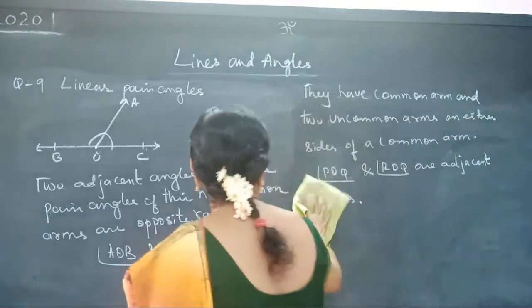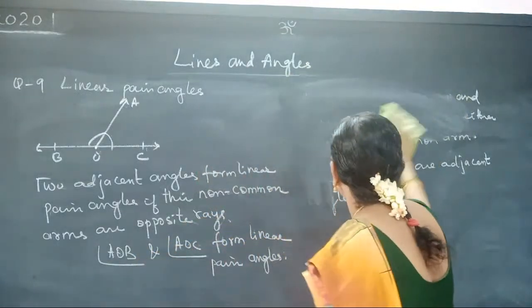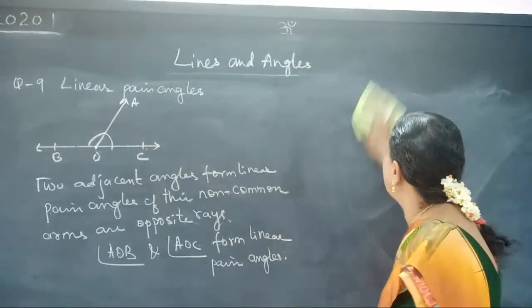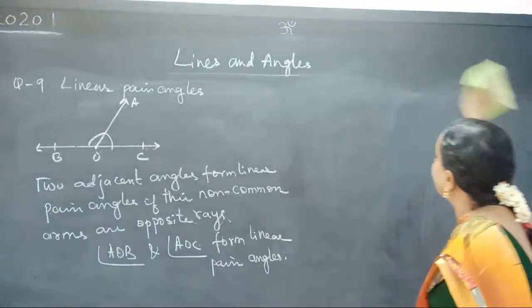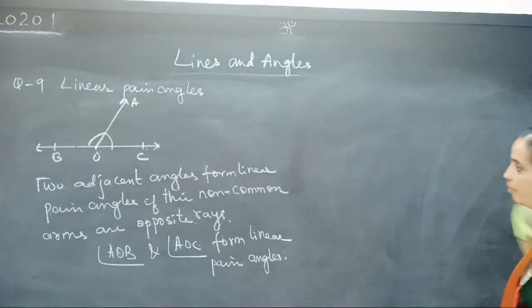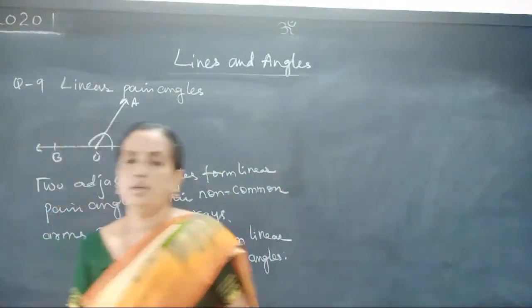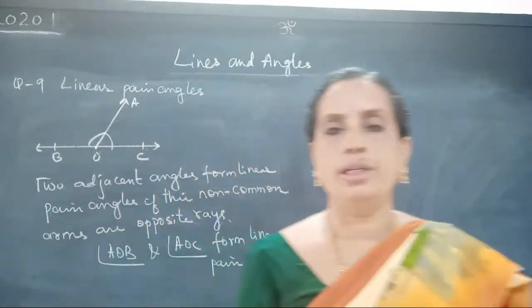The sum of the linear pair angles is always supplementary. Supplementary means 180 degrees. So we have the linear pair axiom, but that we do later. We are doing definitions now.